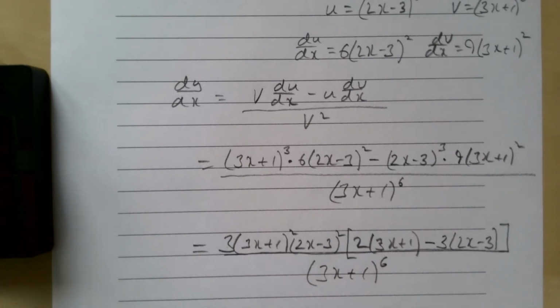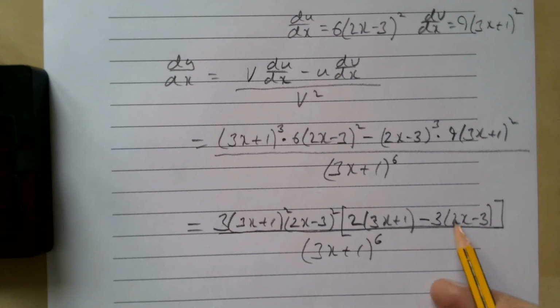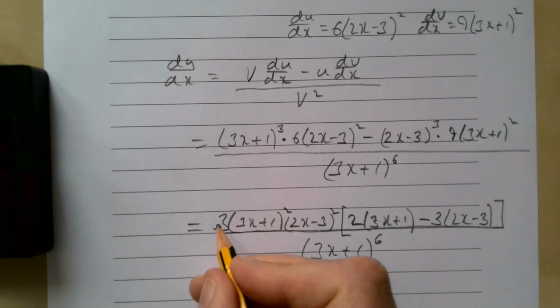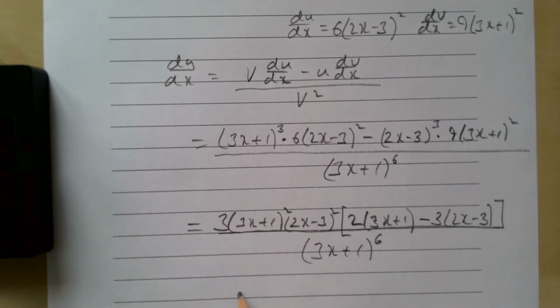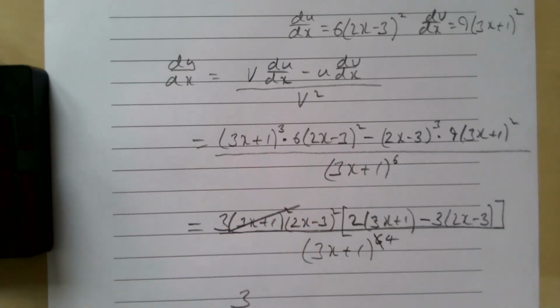We are nearly there. Inside this bracket ties up very nicely. That's a 6x there, and that's a minus 6x, so that disappears. That's a 2, and then a minus 9. So inside this bracket actually just becomes an 11. So 11 times the 3 here is going to give us a 33 out the front. We'll not do that quite yet. And then the 3x plus 1 to the 6 and a 3x plus 1 squared, we can change that to a 4 and get rid of that.